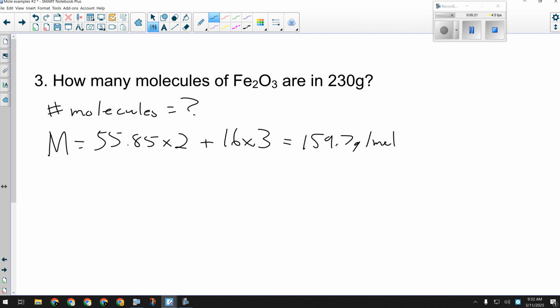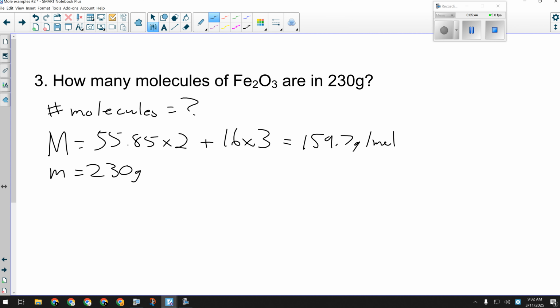They also give me the mass. They say I have 230 grams of iron 3 oxide. Now I need to get number of molecules, but I can't get that directly. What can I find right now directly? Moles, yeah, I can find the number of moles.